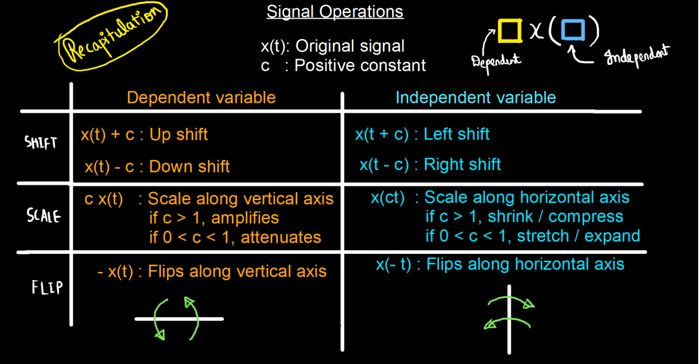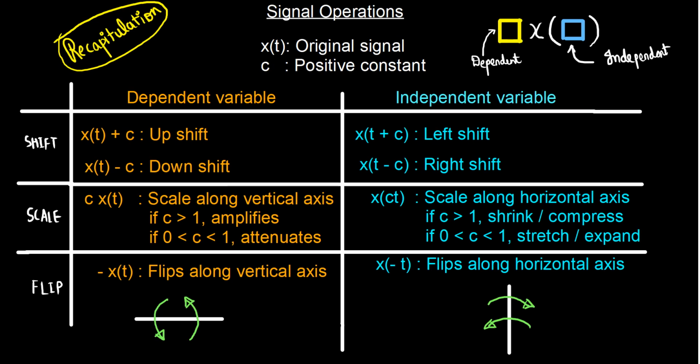Similarly, the flipping operation. When we write minus of x of t, the signal gets flipped upside down. That means it gets flipped along the vertical axis, that is the dependent variable. So the signal that is on the top goes towards the bottom, and the signal that is at the bottom goes up.